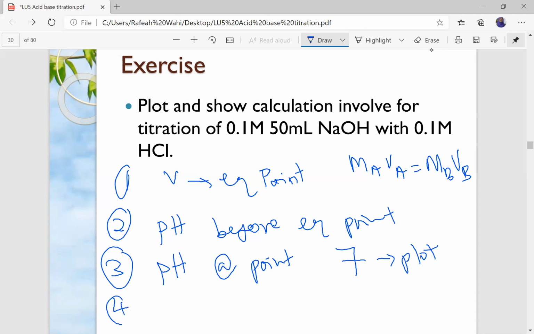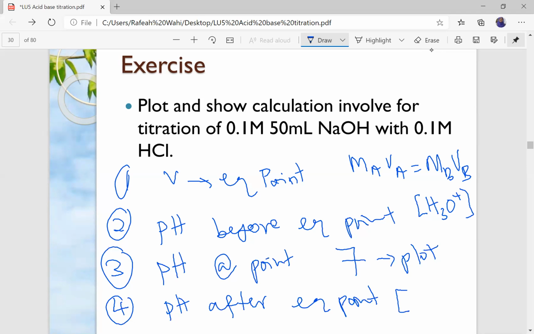And step 4, you calculate the pH after the equivalence point. So for step number 2, you are calculating the excess of hydronium ion. And for step number 4, you are calculating the excess hydroxide ion. All right?